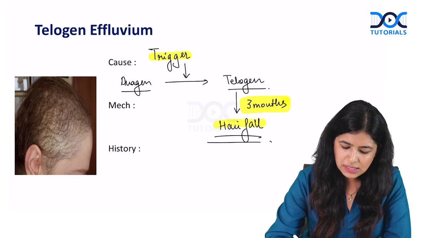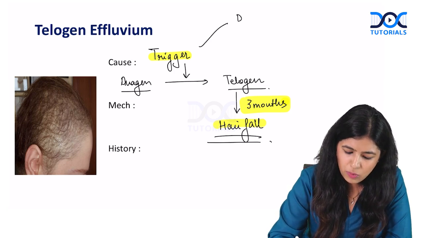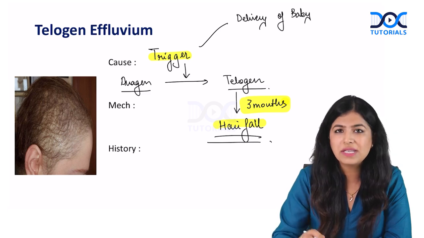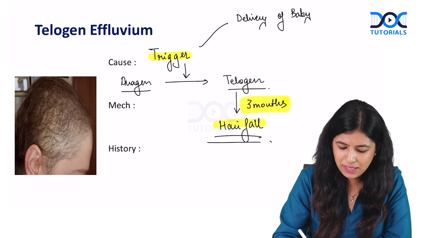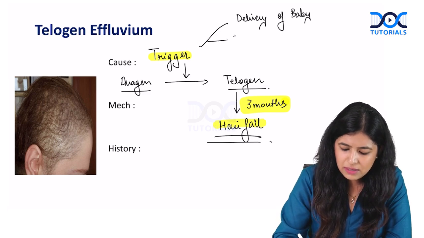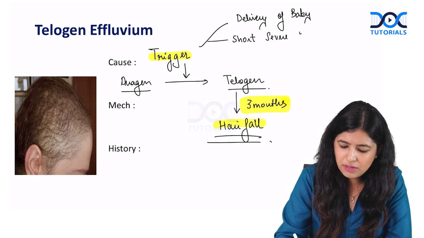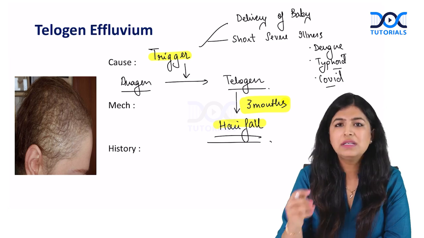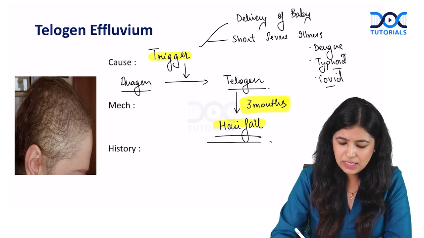What are the triggers? Number 1, delivery of a baby. So the woman has just given birth to a baby. Secondly, there may be a short, severe illness like dengue, typhoid, COVID, or any other severe systemic illness.